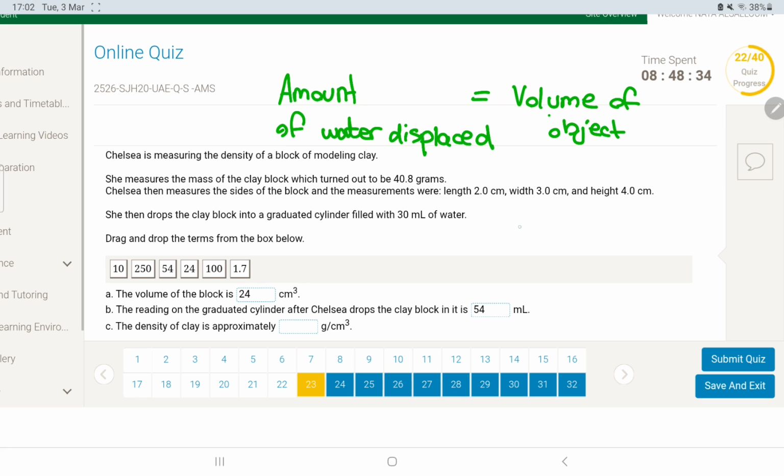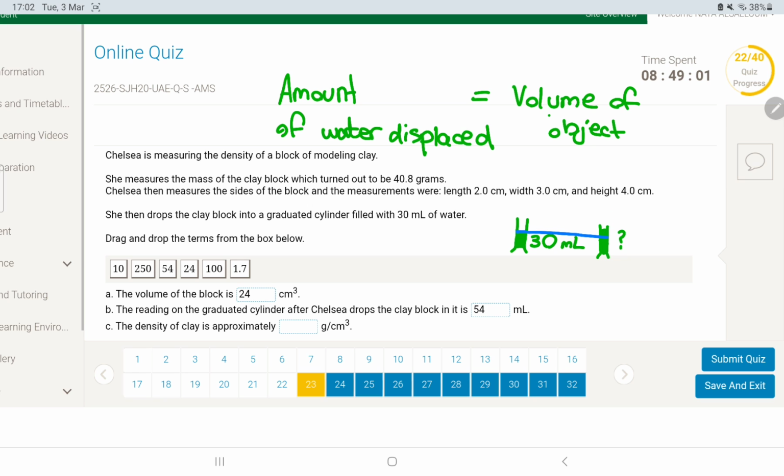So once again, I have this graduated cylinder filled with 30 milliliters, and now it went up to this reading, but we don't know what it is. So we're just going to take it as a question mark.